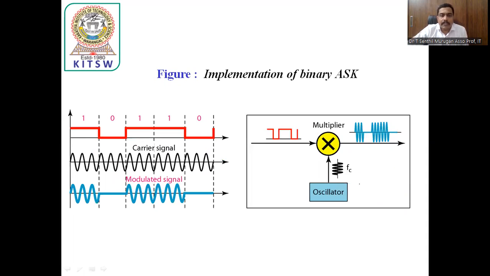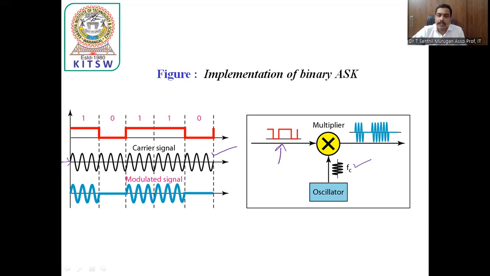So this is the implementation, how we can generate that signal. Whatever I said, we are sending the carrier frequency, that is the carrier signal. This is the digital data. Digital data is coming like this, and the oscillator is generating the carrier frequency.